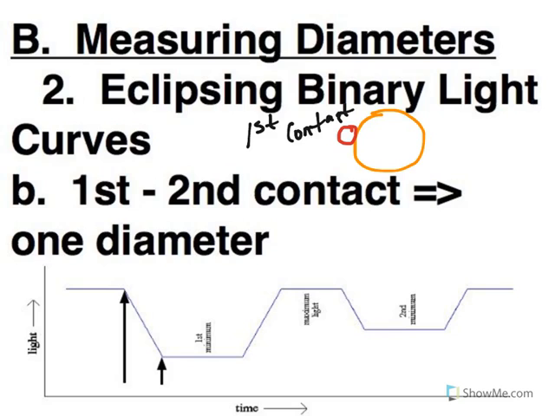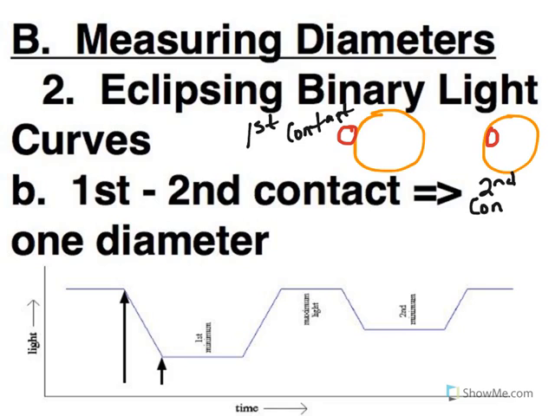And then when it has moved enough that that little star is just inside the edge of that big star, that point is called second contact.